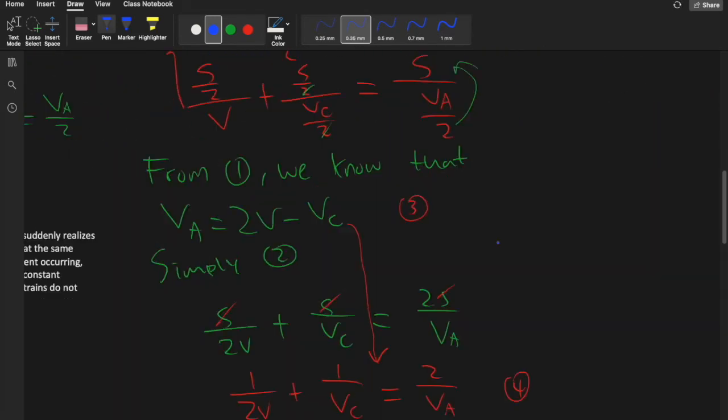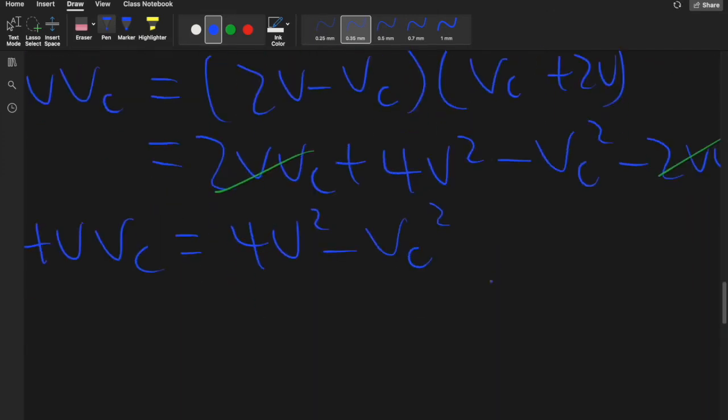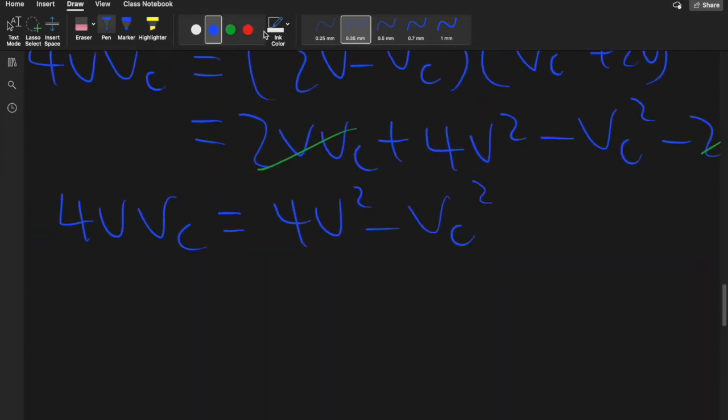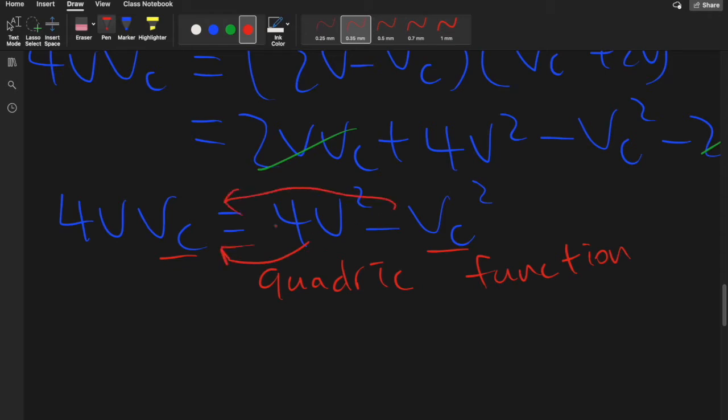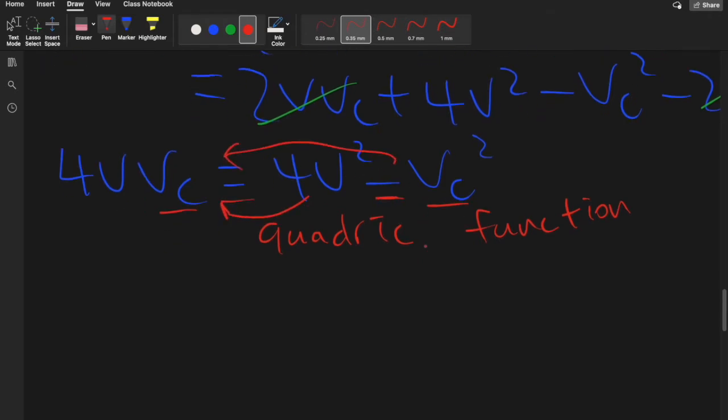And what we have right now is this confusing equation. So how can we simplify this even more and solve for VC? Well, this seems like another quadratic equation. This time I will move those 2 terms into this side because here it has a negative sign. So VC squared minus 4V VC minus 4V squared is equal to 0.